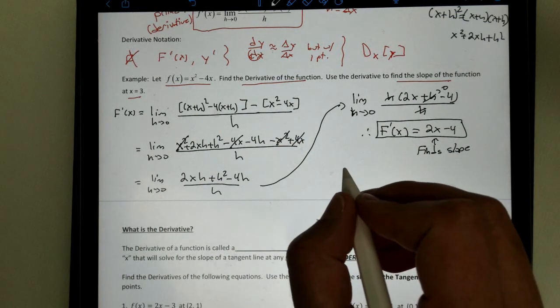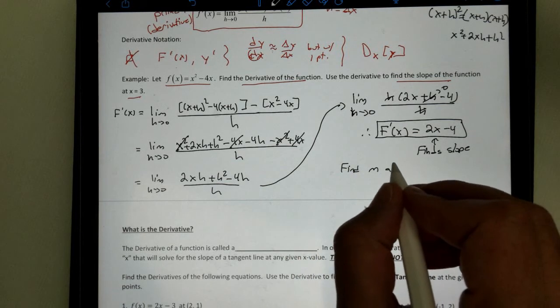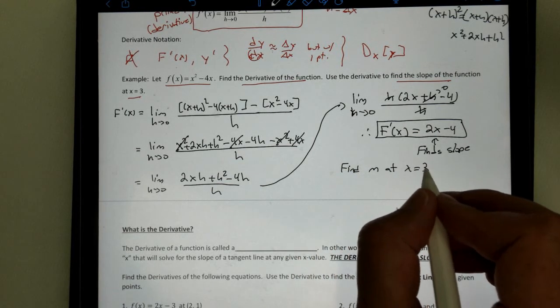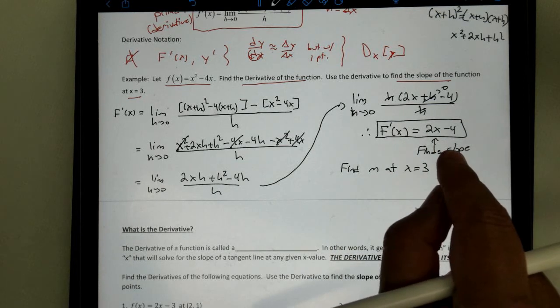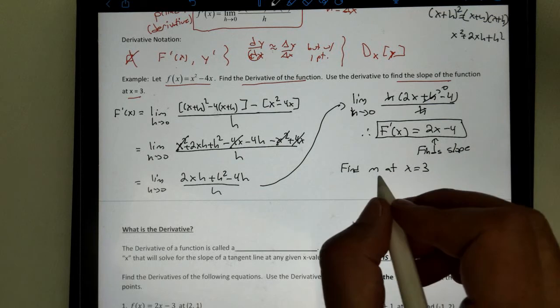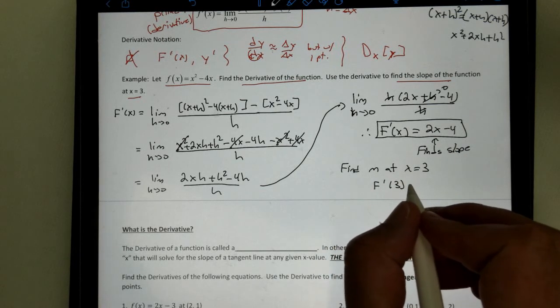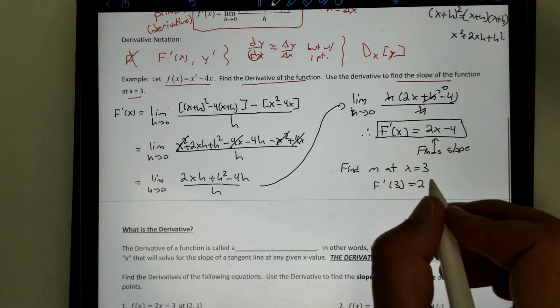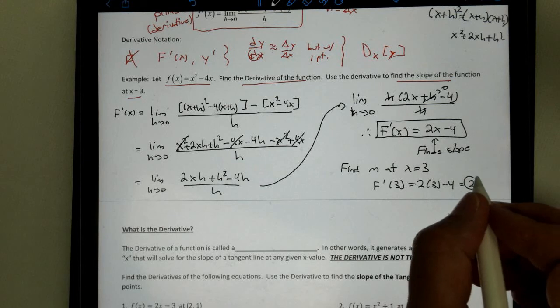To do that, well, this finds my slope at any x value, so I'm just going to plug it in. Watch the notation. F prime of 3 is 2 times 3 minus 4, which is just 2.